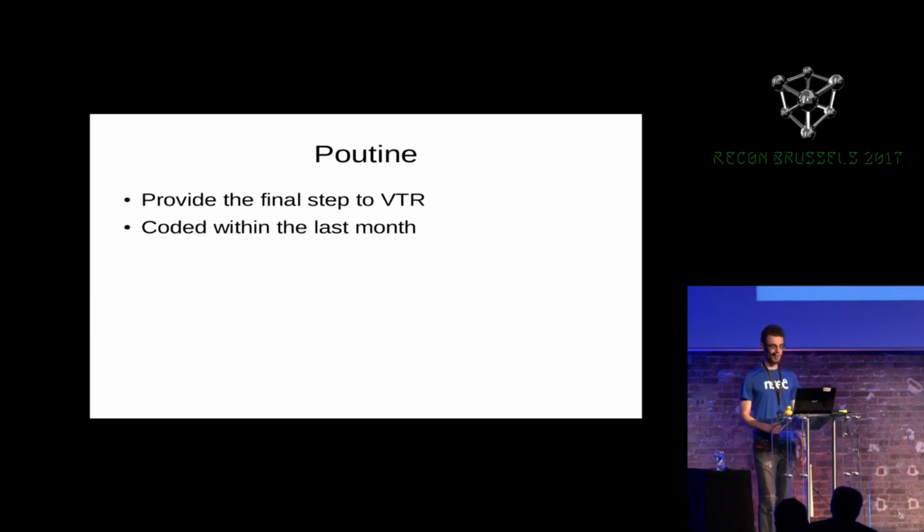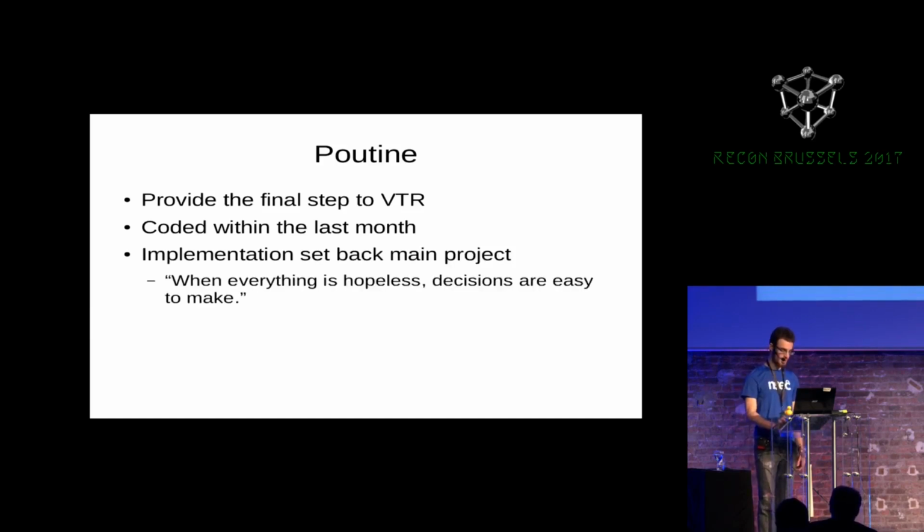It was coded within the last month, and it set the reverse engineering of the bitfiles back quite a bit, because I didn't expect to have to write so much code and to reverse engineer the whole VTR project itself, because, well, it's so well documented.